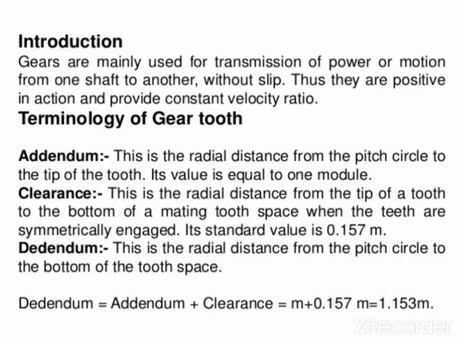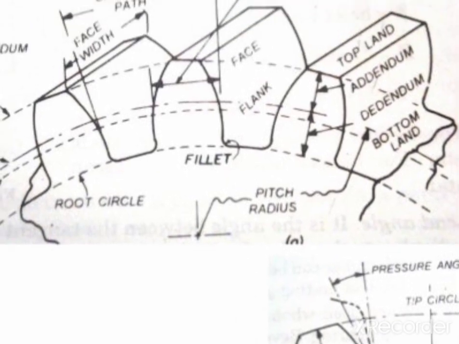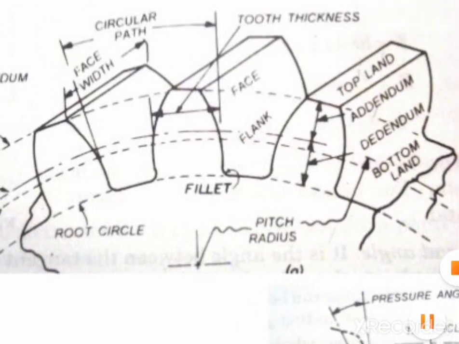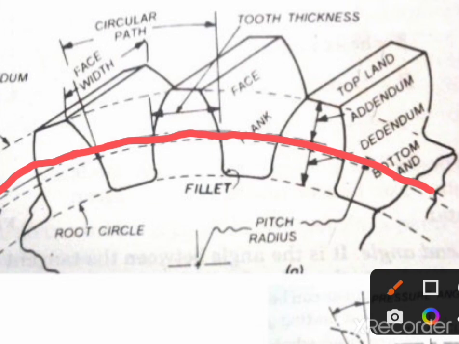We will start with addendum. Addendum is the height of tooth above the pitch circle. We will see in the diagram. Here we can see the pitch circle, and outside, this is the addendum circle.